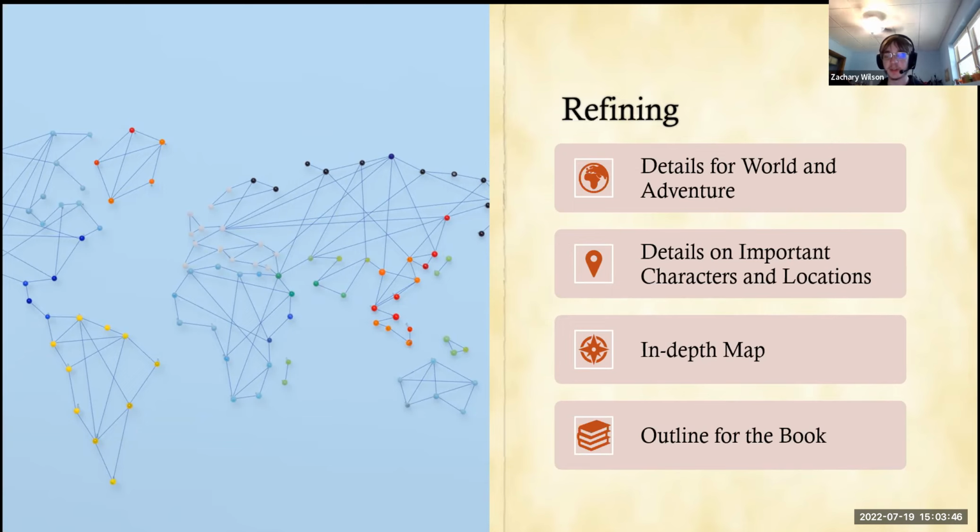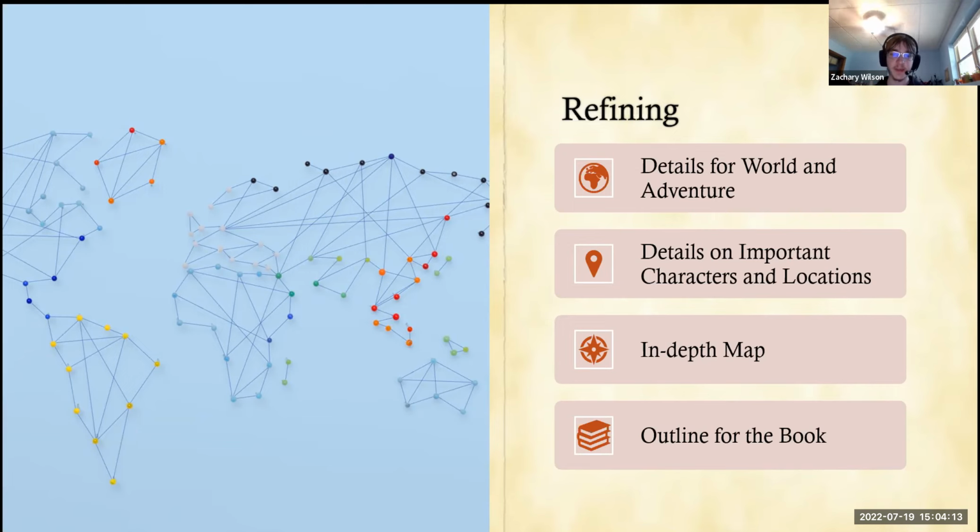The details on important characters and locations. So rather than moving on from detailing the entire world to writing overarching descriptions of each location, saying what anybody that lives in this location would know about it. And also the important characters: what do they do, why are they there, and what is their goal.